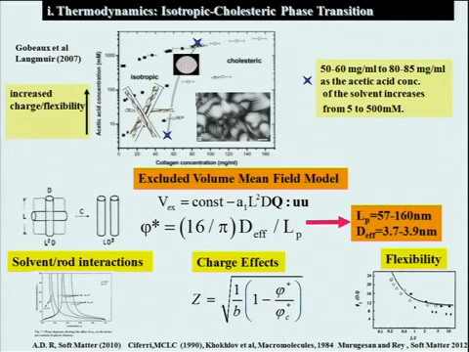Other effects that have to be taken into account are solvent-rod interactions. So these kinds of phase diagrams can be constructed by modifications of Maier-Saupe type of models. Kate did some work some years ago with Matsuyama for this kind of phase diagram, and we have explored this type of chimney formation.